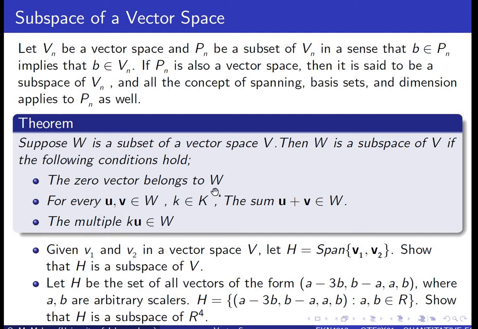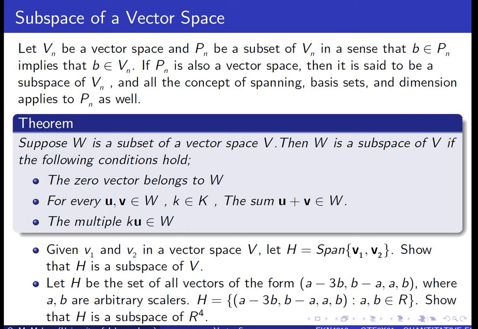Your task will be to establish that these three properties are satisfied. And if they are all satisfied, you can say that a given set is a subspace of a vector space.